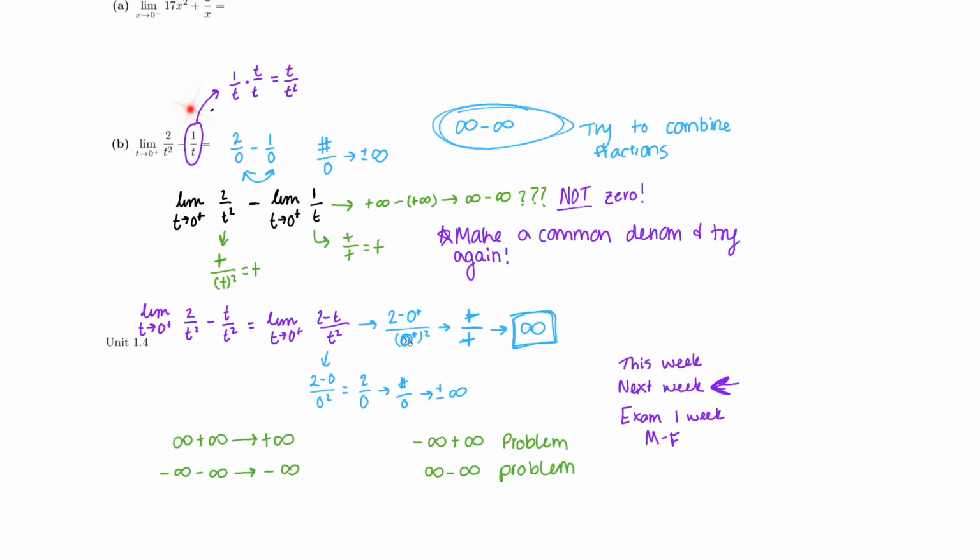You got infinity minus infinity. This was a different situation. We were going to 0, but you end up with infinity minus infinity, and the answer was infinity. So infinity minus infinity could be infinity, or it could be 0. It could be a number of things.